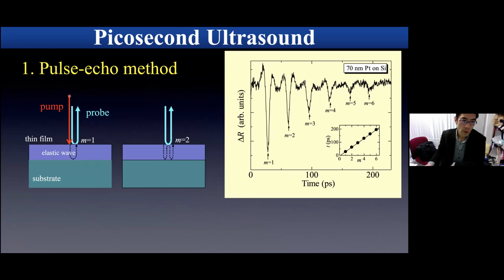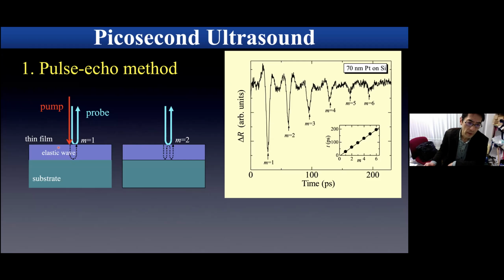When we irradiate the specimen with a femtosecond laser pulse, a very, very short pulse, a very high frequency acoustic wave is generated. It propagates along the thickness direction, reflects at the substrate surface, and repeats reflections inside the thin film material.